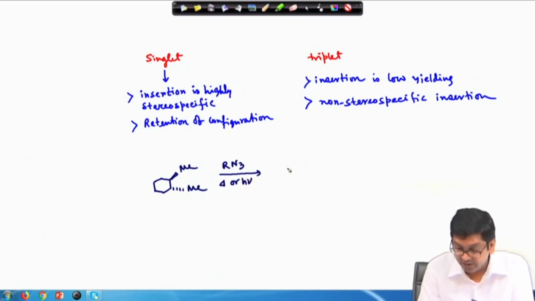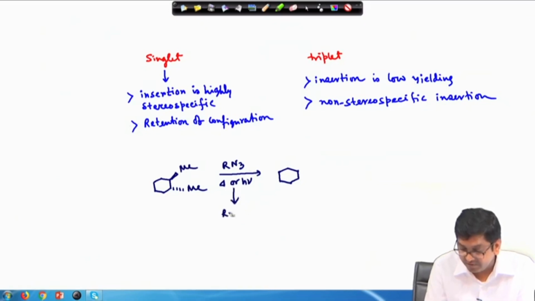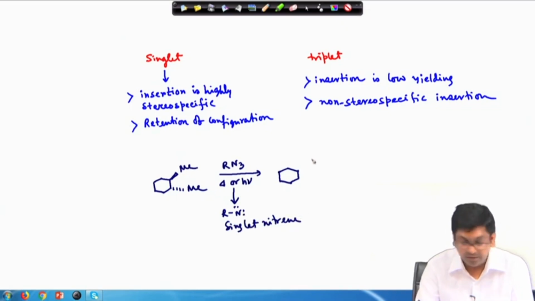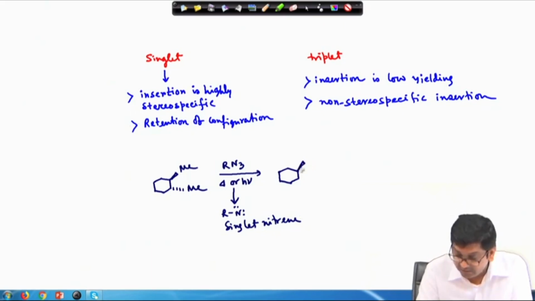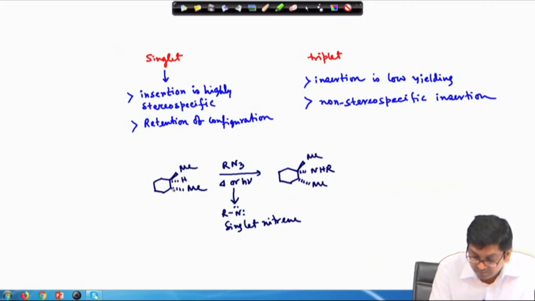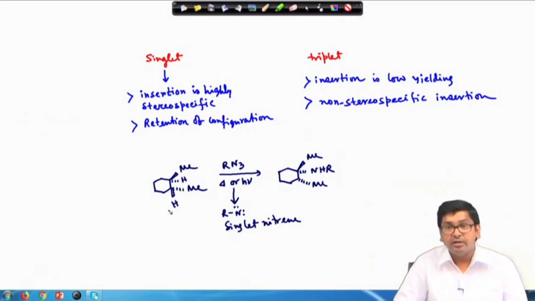It will generate this, if it is a singlet nitrene, then obviously the insertion of this nitrene will be in a stereospecific manner and it will be in a concerted way.